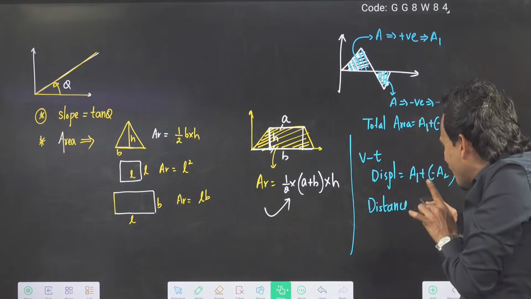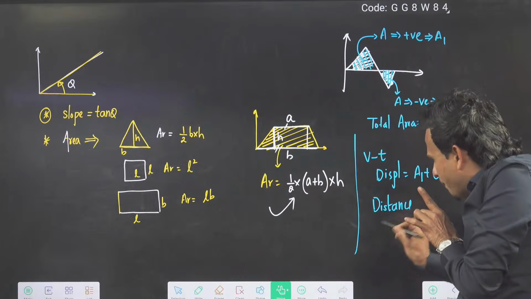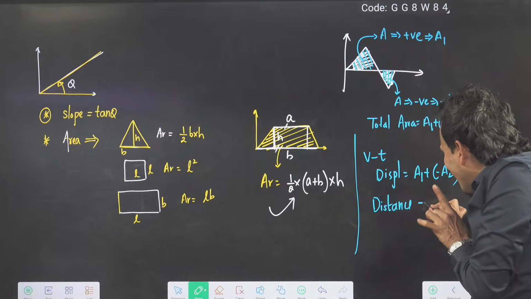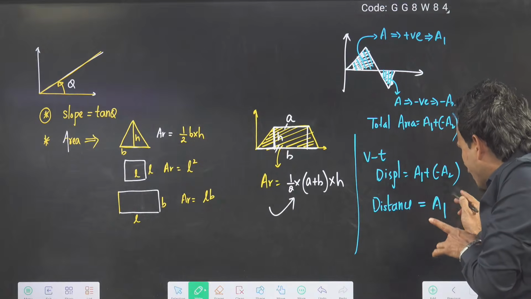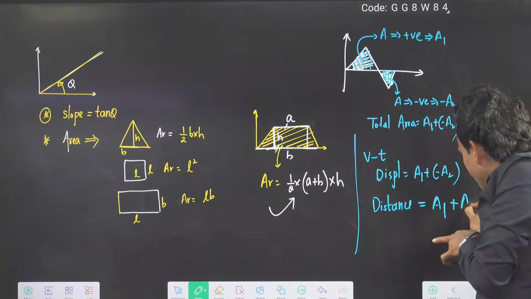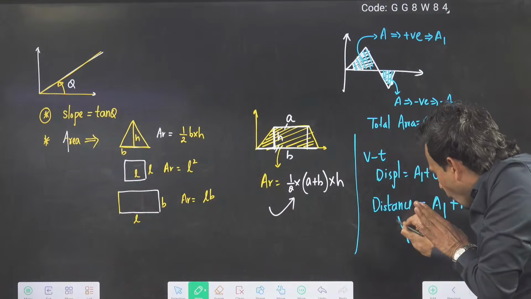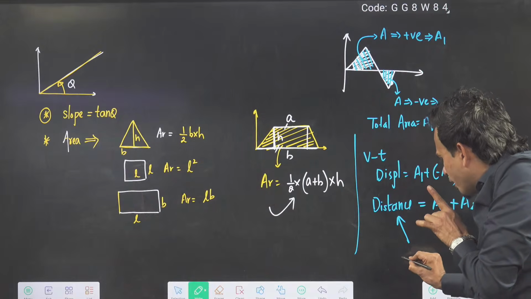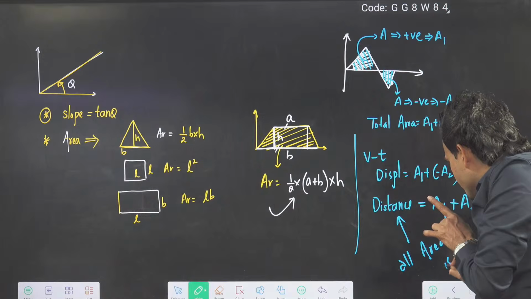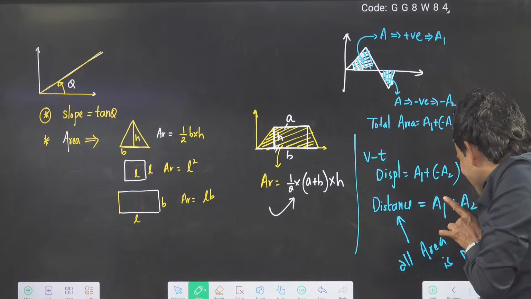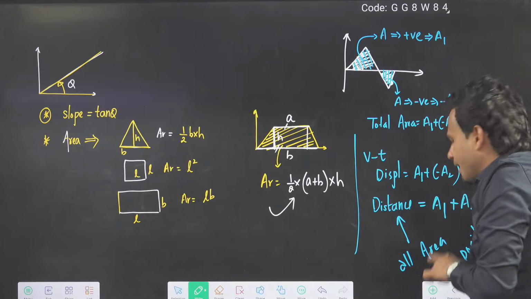So for distance, maybe this area comes negative, but you'll write A1 plus A2. This is the exception: all areas will be positive, because distance can never be negative.